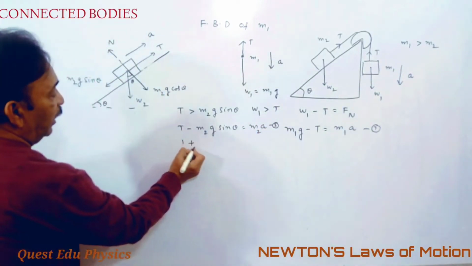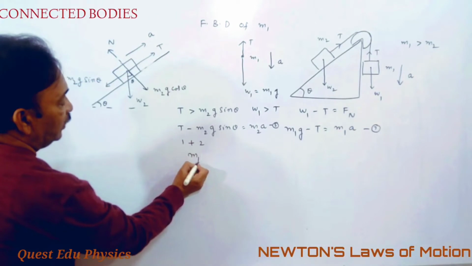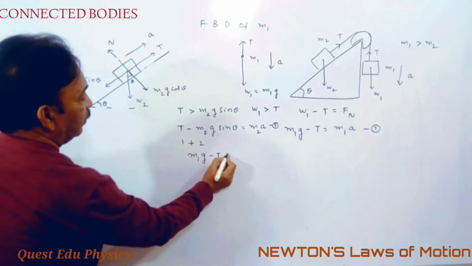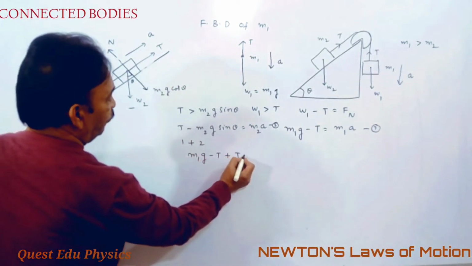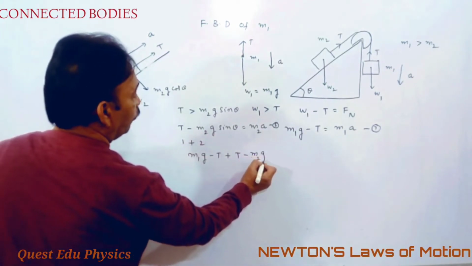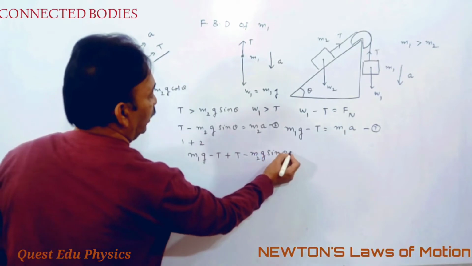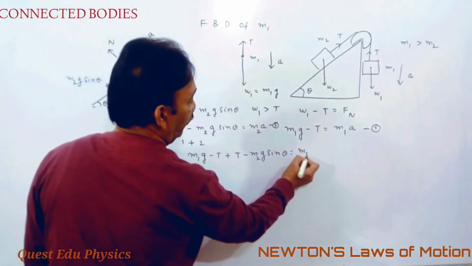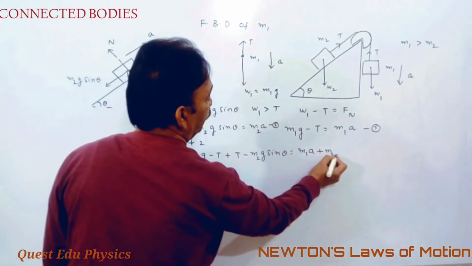Adding 1 and 2, what do we get? M1G minus T plus T minus M2G sin theta is equal to M1A plus M2A.